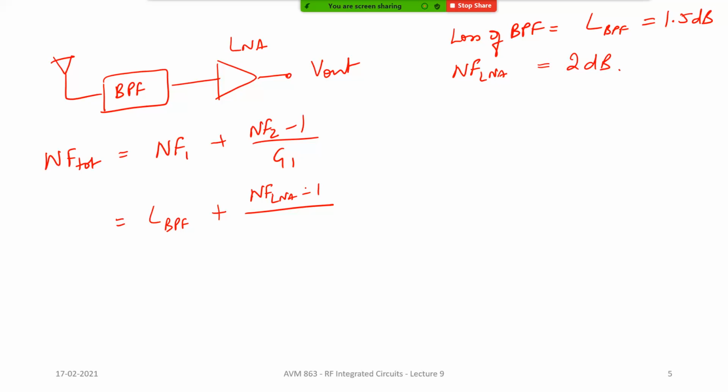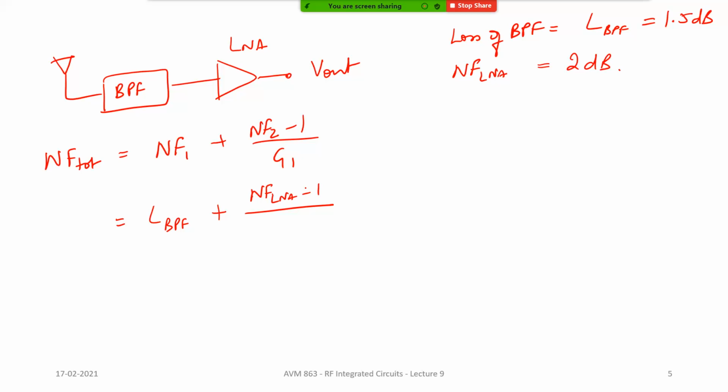No, it has a loss, so how will you write the gain then? Loss and gain are inversely related. If it has a loss of, let's say, 2, it means it has a gain of 0.5, because gain is P out by P in, and loss is P in by P out.